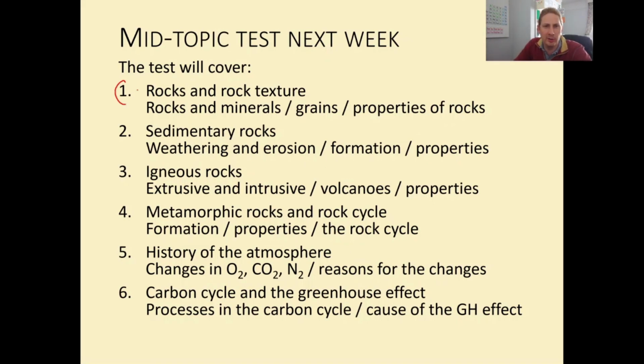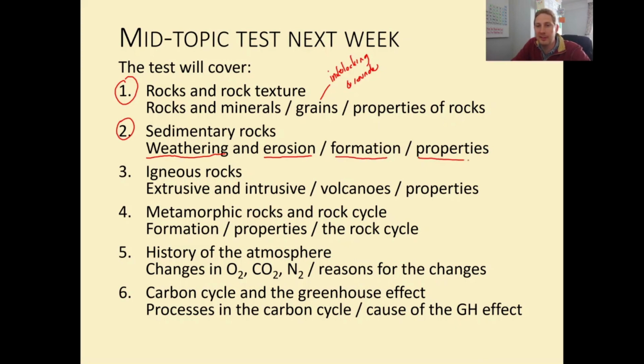That was lesson 1. So rocks and minerals, what's the difference? Grains, interlocking and rounded. Properties of rocks: hard, crumbly, are they porous, are they non-porous? Sedimentary rocks, weathering. What are the 3 different types of weathering? Can you give an example of each? What is erosion? How are sedimentary rocks formed?